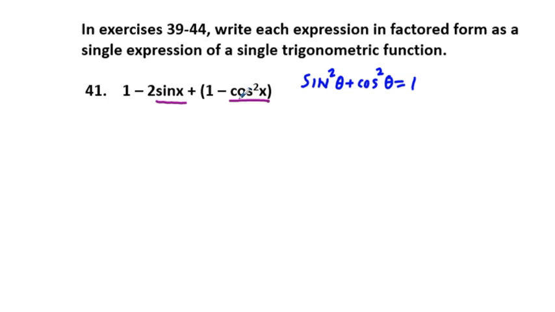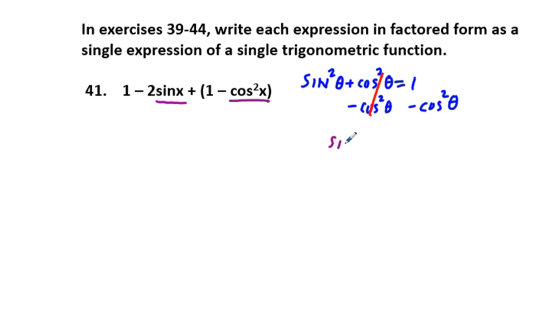We're going to try to replace this whole thing here. If we subtract cosine squared theta from both sides of this equation, we have cosine squared theta minus cosine squared theta canceled equals 0.